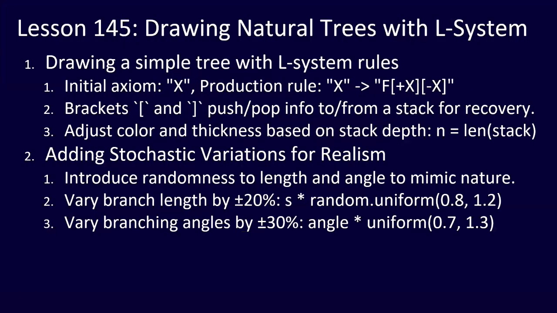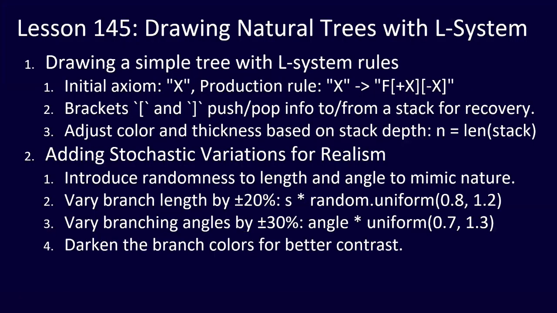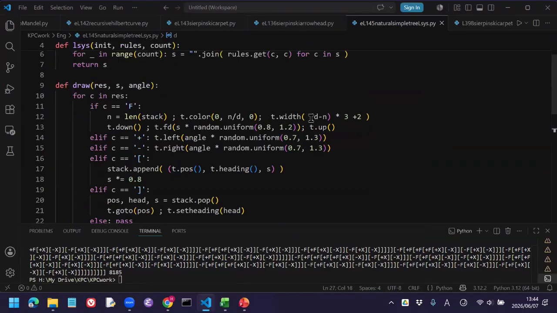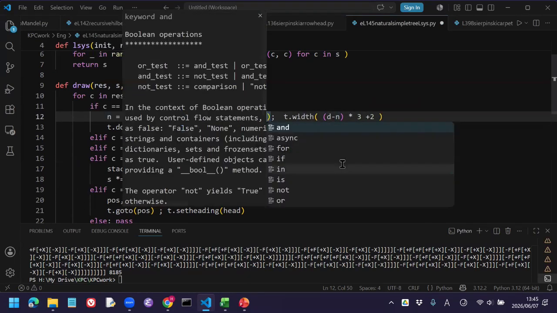So anyway, this is the way to darken the branch color for better contrast. I did it already by changing the width or color. If you want, you can do a little more by darkening, say 0.2 and 0.3.